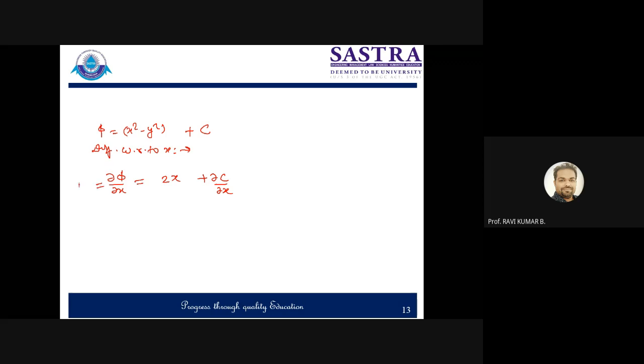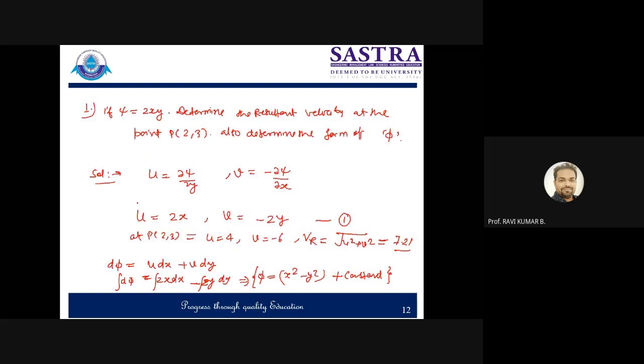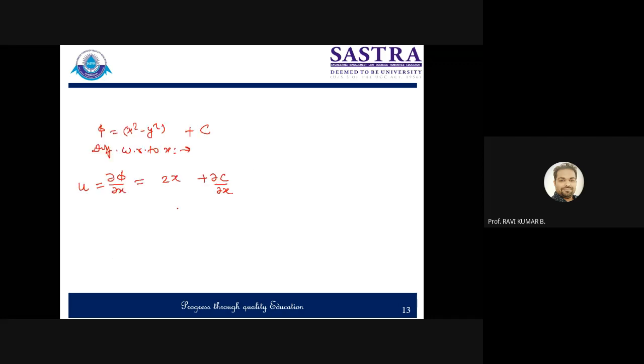That is basically u. Yes or no? But you know the value which is given as 2x. Clear? Just substitute the value over here, 2x. If you put that, dou c by dou x becomes 0, or you can say dou c is equal to 0. On integration we are not getting anything, so it is going to be again a constant.